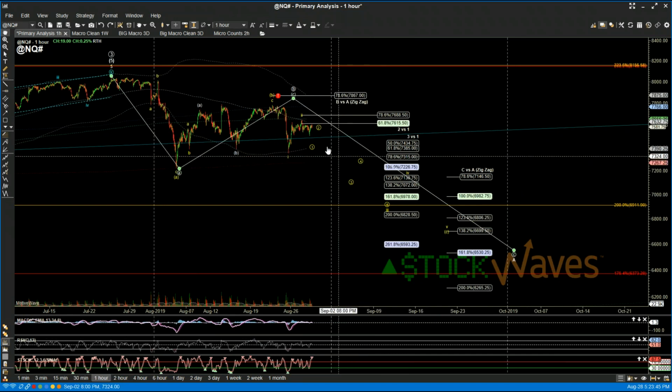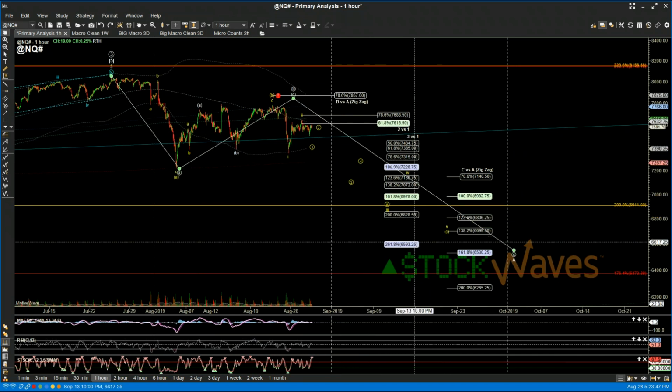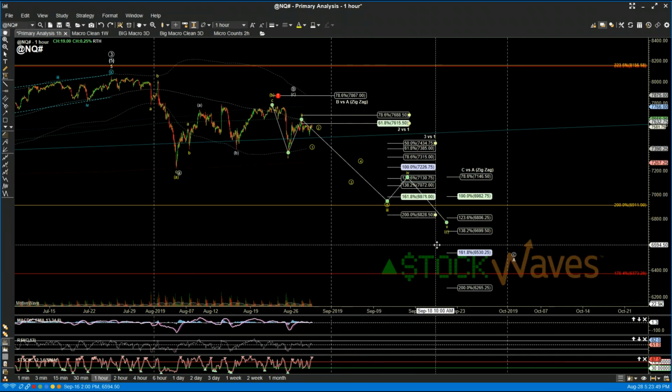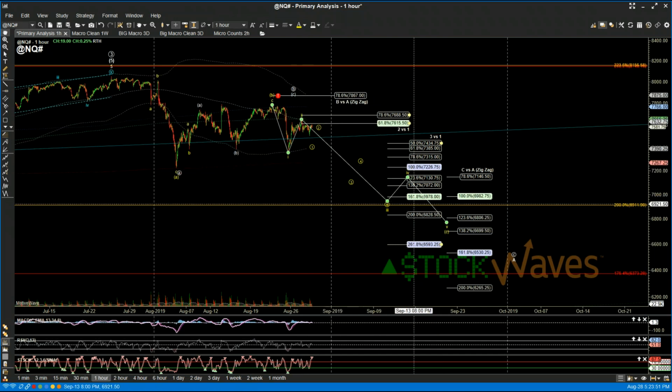And again, I think it's almost a little bit more academic because we're going to be following the subwave structure here.